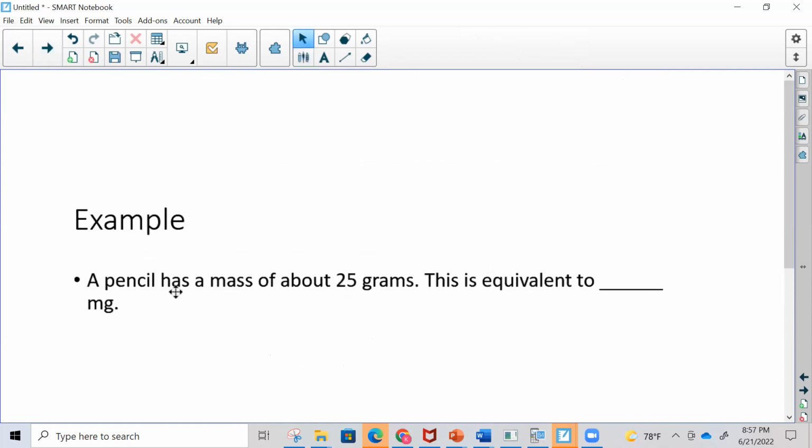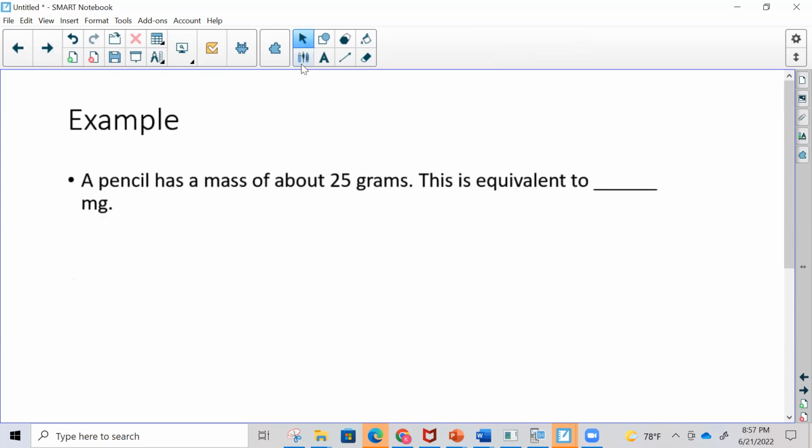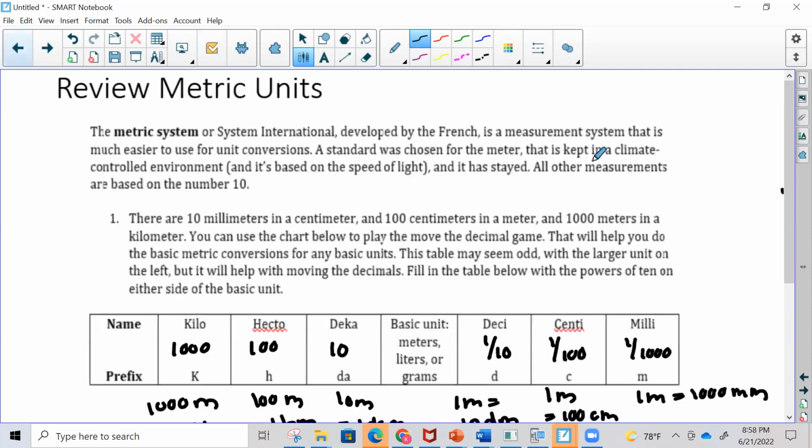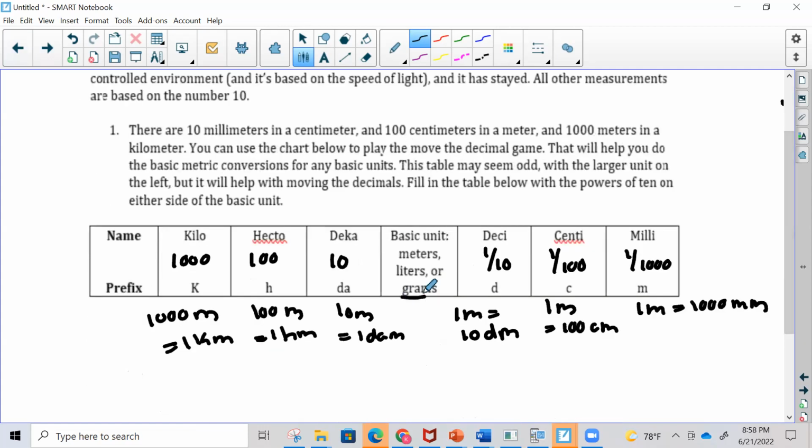Okay. So if we look at a problem dealing with this, it says a pencil has a mass of about 25 grams. This is equivalent to what in terms of milligrams? So we're using our base unit grams, which is here, and we're starting there, and we want to get to milligrams, which is here.